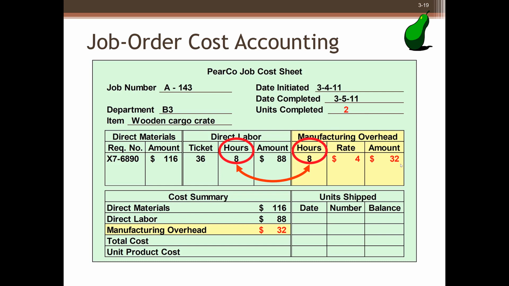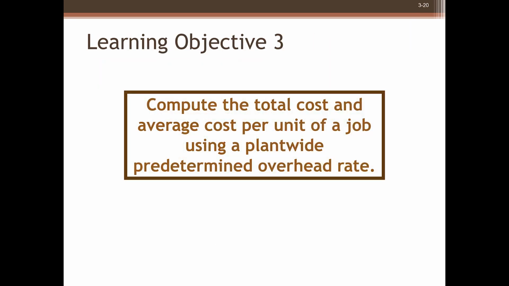Now we record this on the summary section as well, so you can see here MO cost $32. For this example here, we only calculated one predetermined overhead rate and apply manufacturer overhead cost to the job. This is a plan-wide predetermined overhead rate.